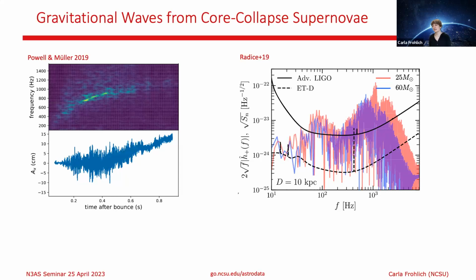We do expect that this would be within the detectability range of Advanced LIGO, as shown on the right, where anything above the black solid line would be within reach of Advanced LIGO, and the blue and red colored noisy curves underneath are one of the predictions. This is from David Radice's paper, and you can see that there is signal above that black line that would be detectable.